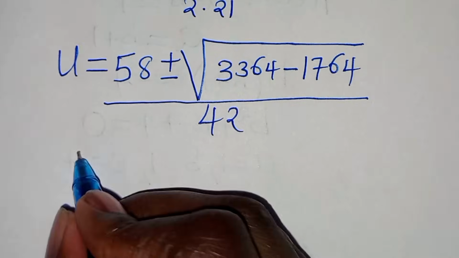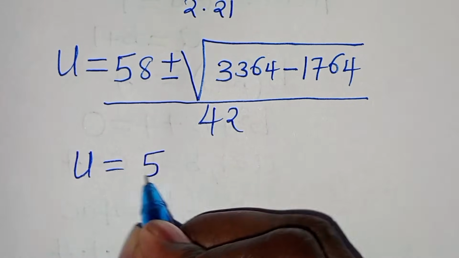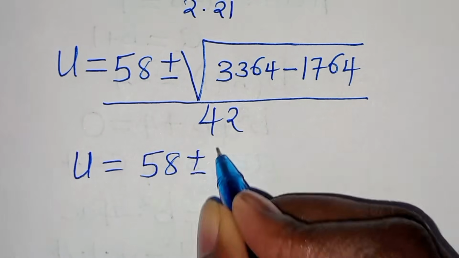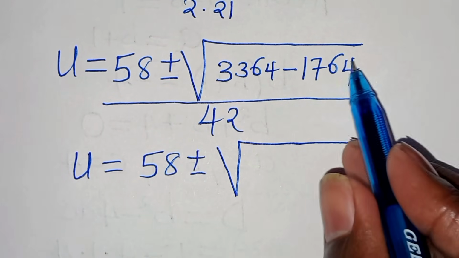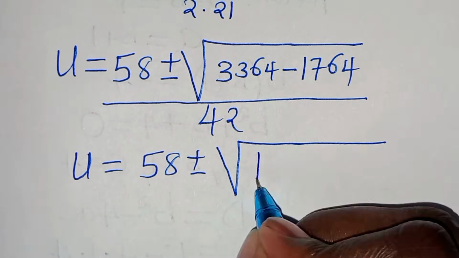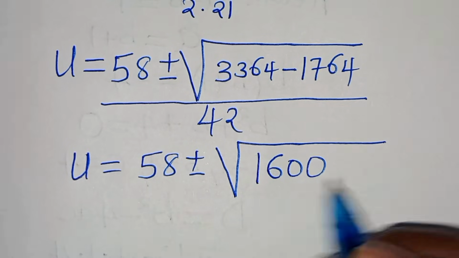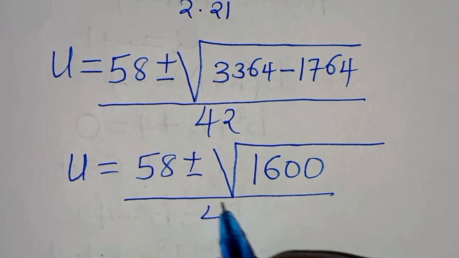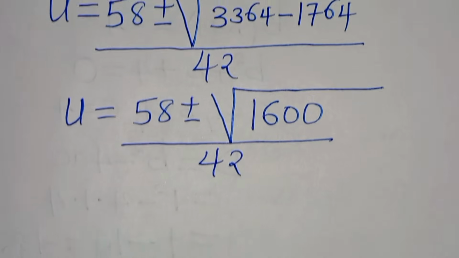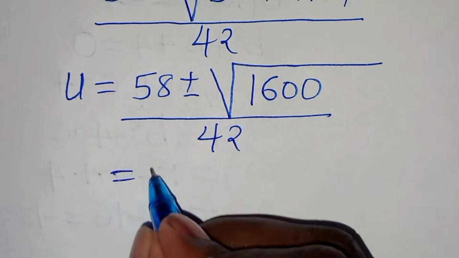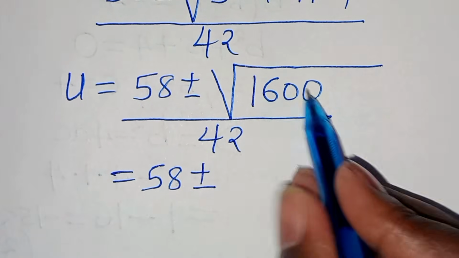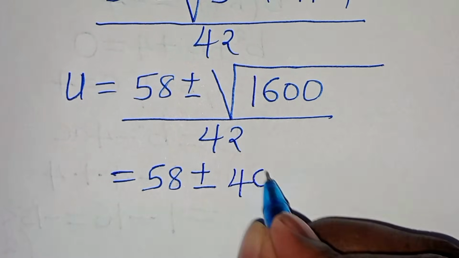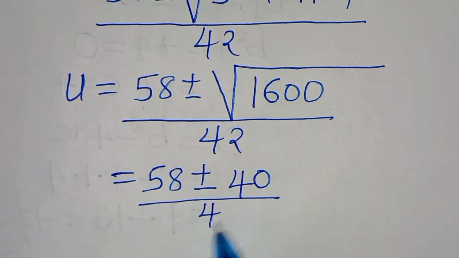So we have u is equal to 58 plus or minus the square root of 3364 minus 1764, and this is equal to 1600. Everything here divided by 42. So that now here we have 58 plus or minus the square root of 1600, this is 40, divided by 42.